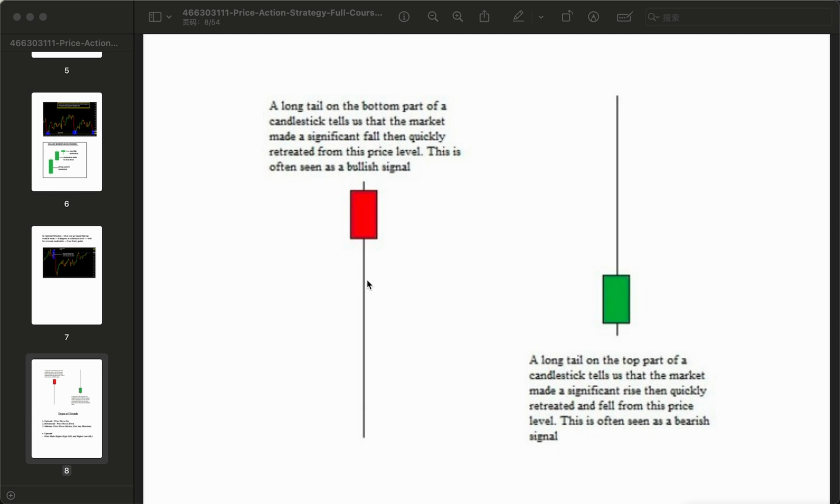That's why you see a long tail, a straight line on the bottom part of a candlestick. That tells you the market made a significant fall, then quickly retreated from this price level. This is often seen as a bullish signal.